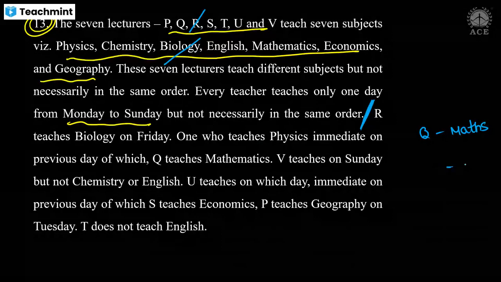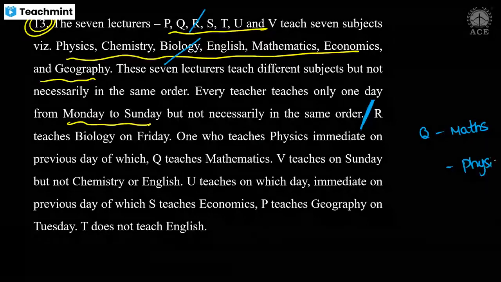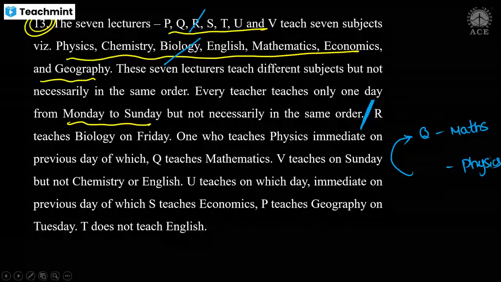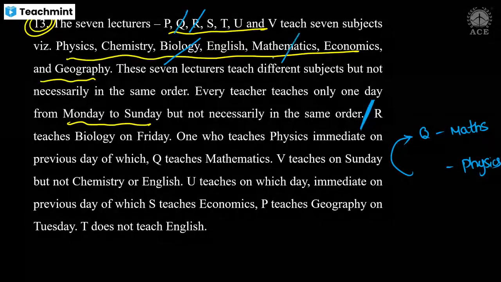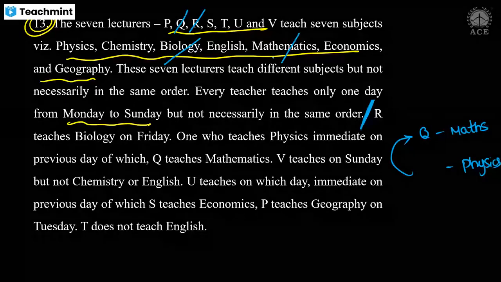So someday physics is handled on a certain day, and the previous day Q is handling maths, but which day physics, we don't know right now. Later we'll see, but I can say Q has taken mathematics. Physics's previous day is Q taking mathematics. Physics on which day, who is handling, that information we'll go through one by one. Don't worry. This is fine.